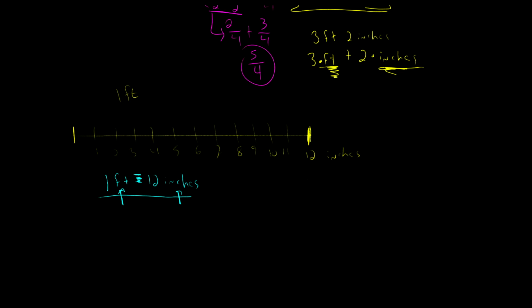So, let's see, I'm 5 foot 10 inches. Now what I said up above, that's 5 times feet plus 10 times inches. Well, how many inches am I? I would need to change this, just like changing a common denominator, to inches.